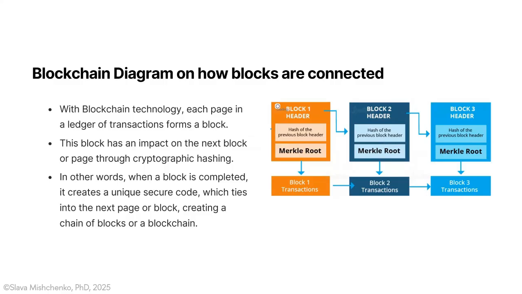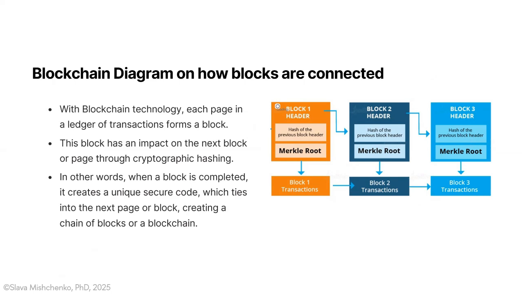And each header also contains what we call a Merkle root. This is a clever mathematical way to summarize all the transactions in that block into a single value. It's like having a tamper evidence seal for all the transactions.